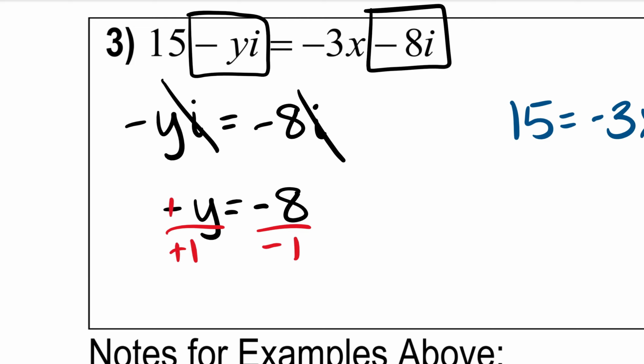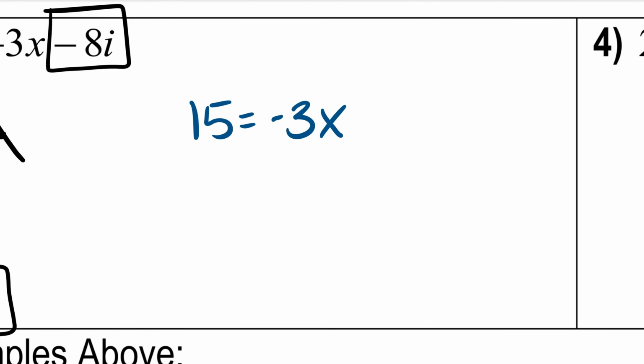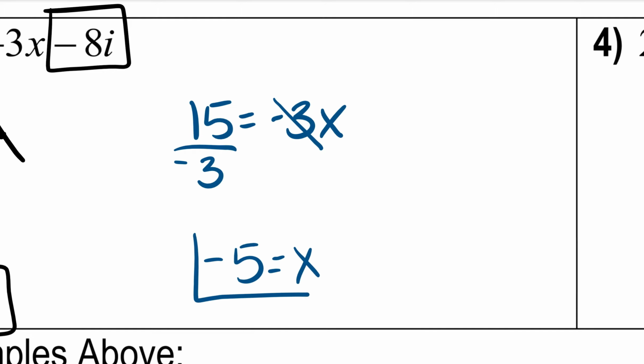That makes these positive. And so I end up with y equals 8. So I got y. Now I just go over here and solve for x like normal. So I have 15 equals negative 3x. All you do is divide by negative 3. That gives me negative 5 equals x, and I'm done. And that's it.